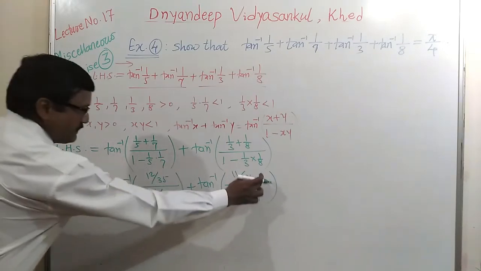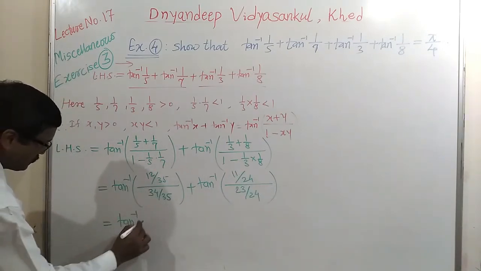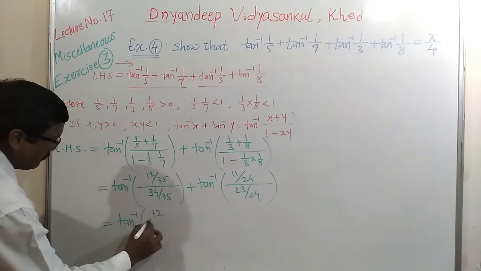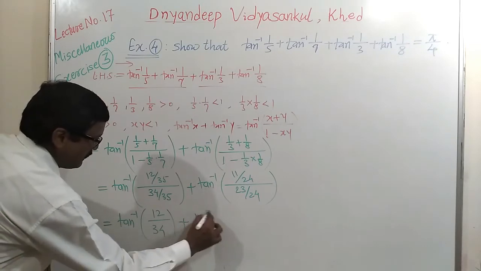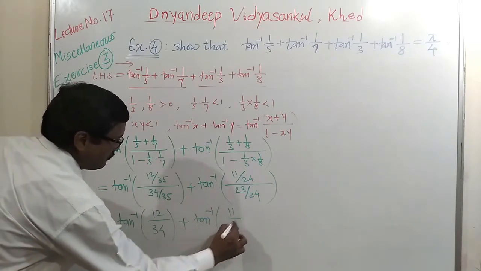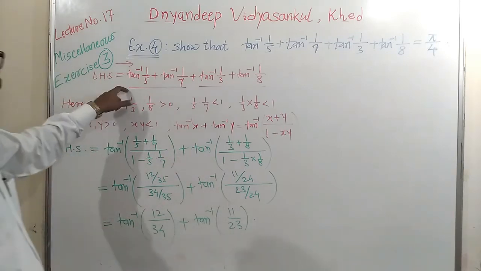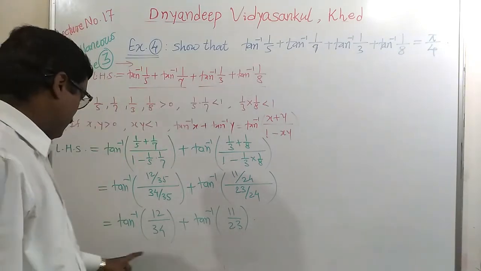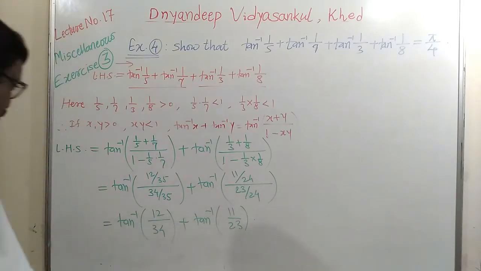So numerators once again get cancelled. That is equal to tan inverse of 12 by 34 plus tan inverse of 11 by 23.